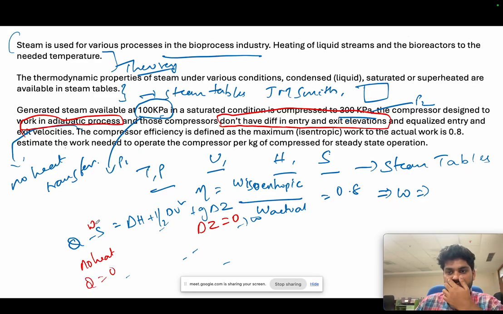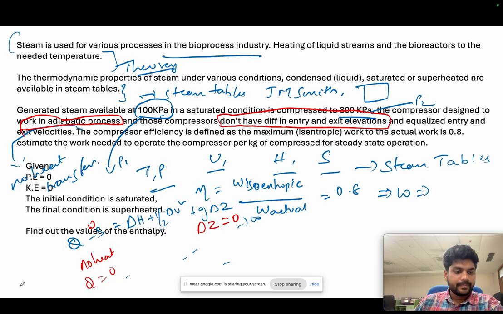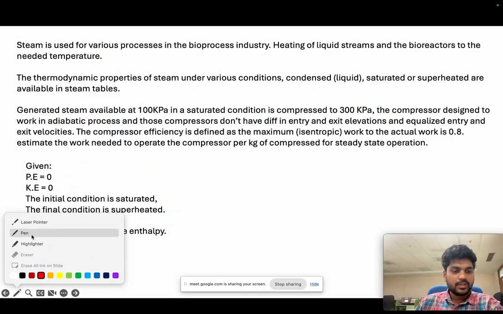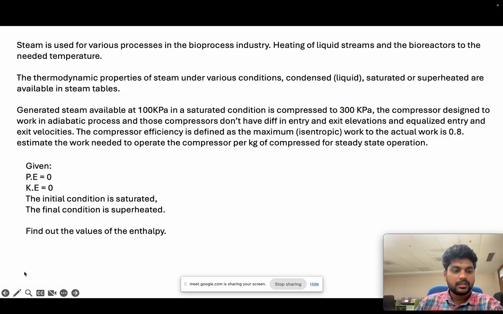What about the kinetic energy, the compressor? In the original question, as the sir explained, the potential energy is 0, which I said from here, and the compressor is 0.